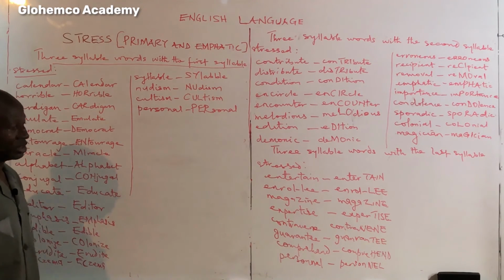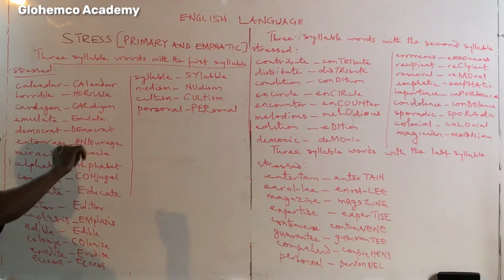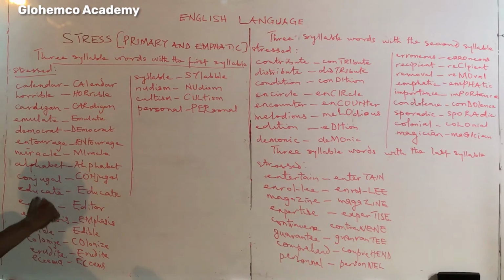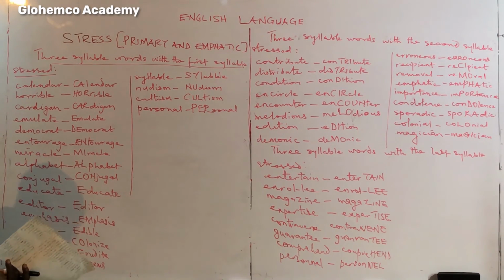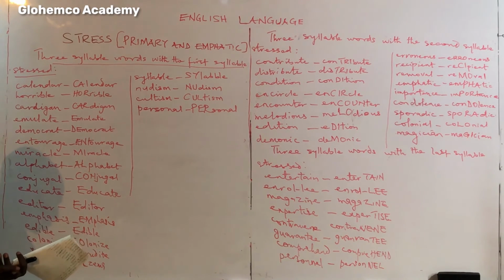They ask you, we will see examples later, which one has a different stress pattern? If for instance, you'll be having this, it means the other one will not be it, it will either be this. Can you see it?